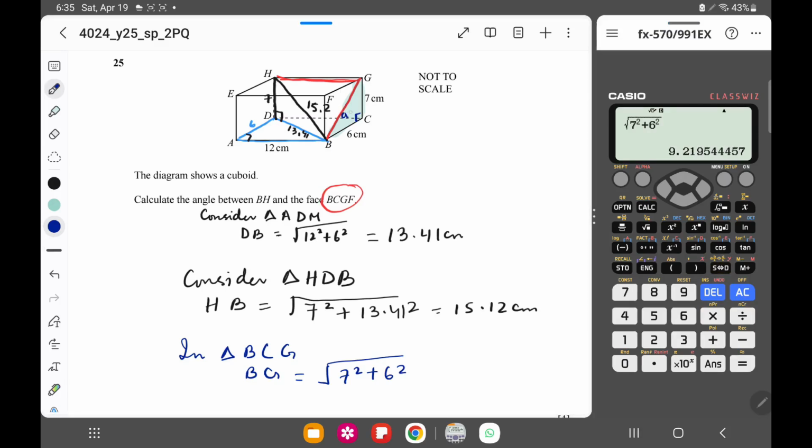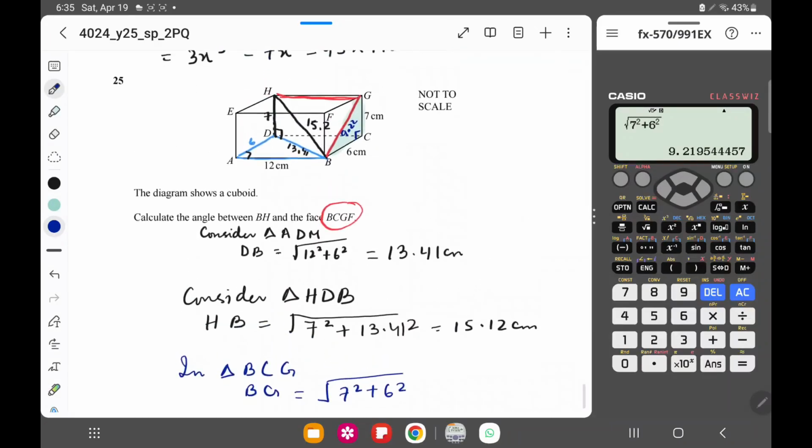So this is 9.22. If we just look at this triangle, which is the final triangle, we have to calculate this angle.